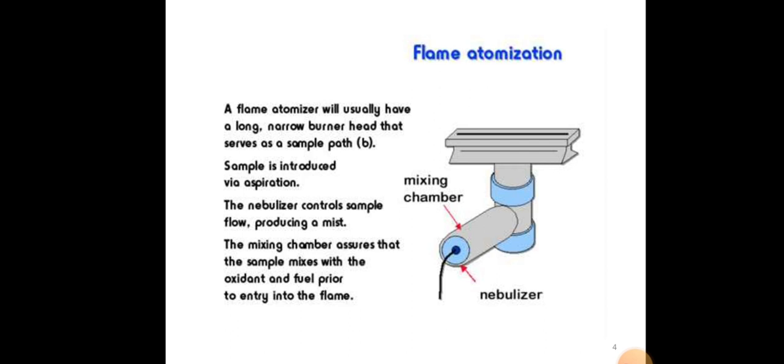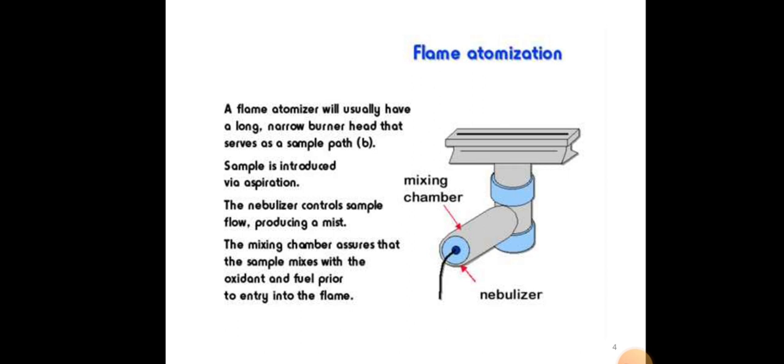A flame atomizer will usually have a long, narrow burner head that serves as a sample path. Usually it's a 10 centimeter long burner head. Sample is introduced via aspiration.